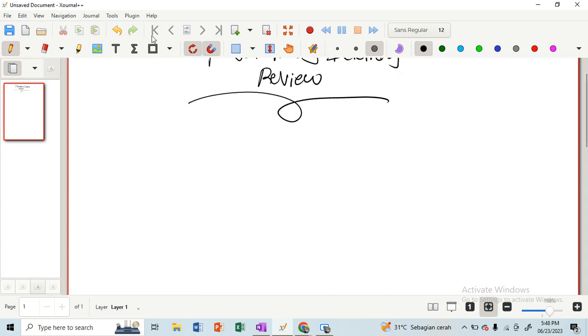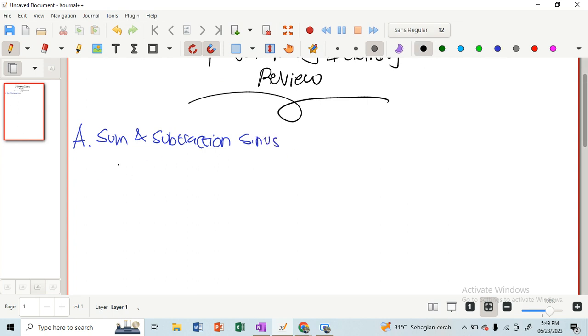So the first identity that we have to remember again is the sum and subtraction of sines.